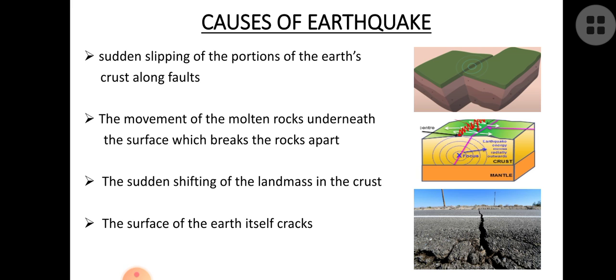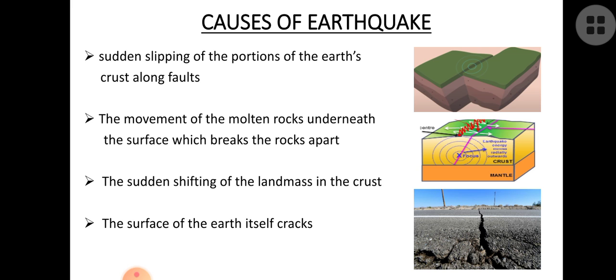Sudden slipping: the straight portion slips sidewise. So suddenly, when the tectonic plates slip from their original place of the earth crust, earthquake will be caused.